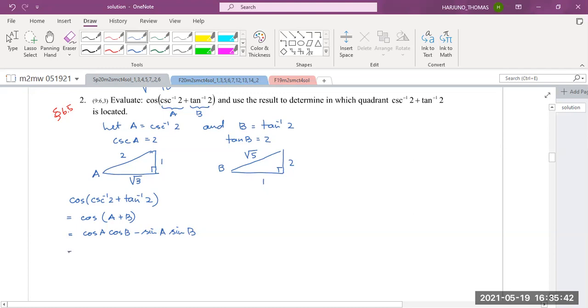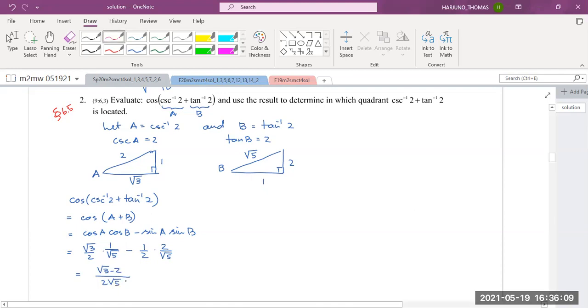Cosine A is radical 3 over 2, cosine B is 1 over radical 5, minus sine A is 1/2, sine B is 2 over radical 5. This is radical 3 minus 2 over 2 radical 5.